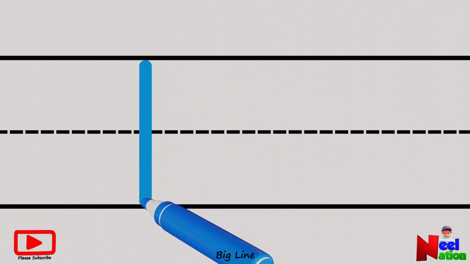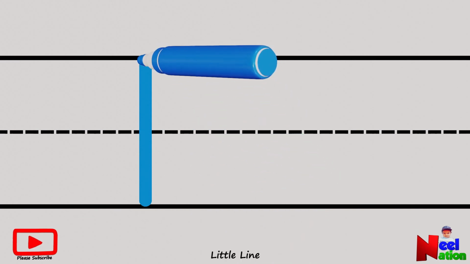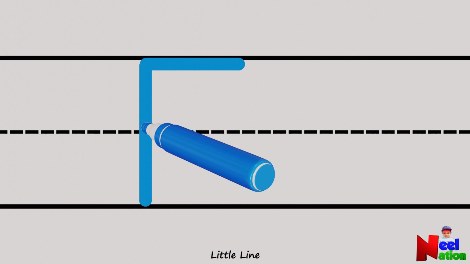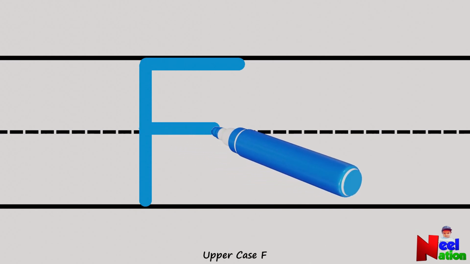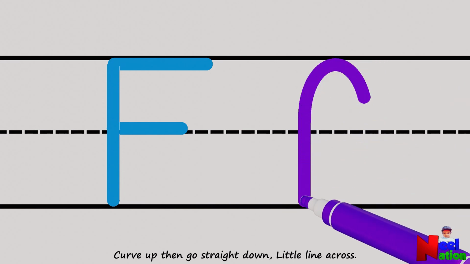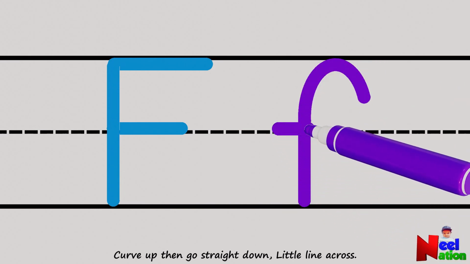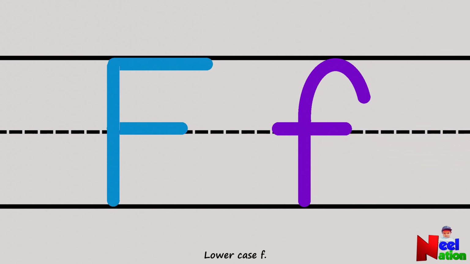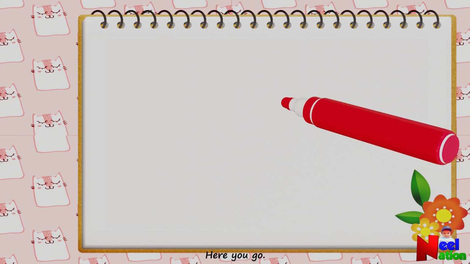Big line, little line, and little line. Uppercase F. Go up and then go straight down. Little line across. Lowercase f. Here you go!